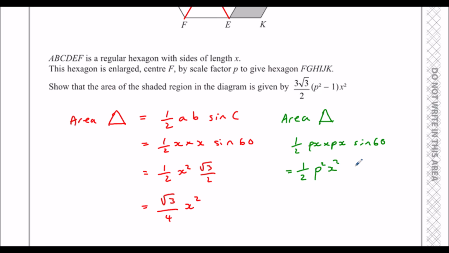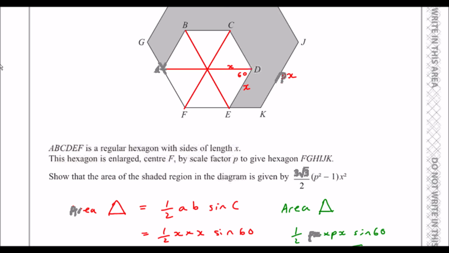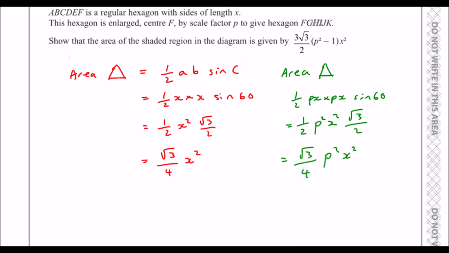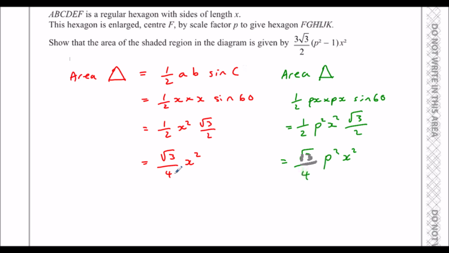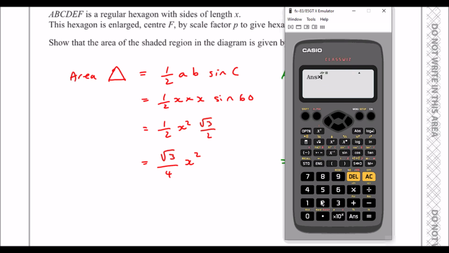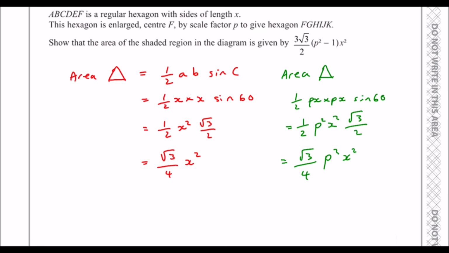X times x is x squared. And sine 60 is root 3 over 2. So root 3 times 1 is root 3. 2 2s are 4. And we've got p squared x squared. We've got 6 triangles that make each hexagon. So root 3 over 4 times 6 is 3 root 3 over 2.